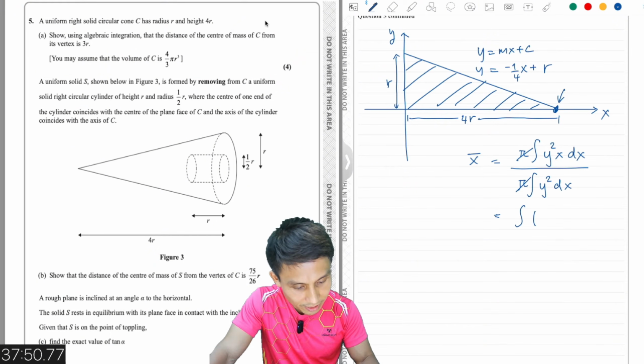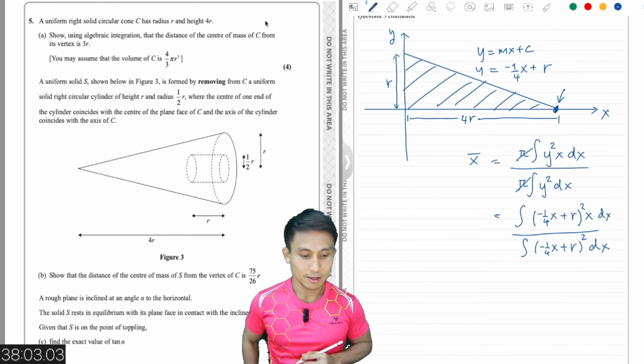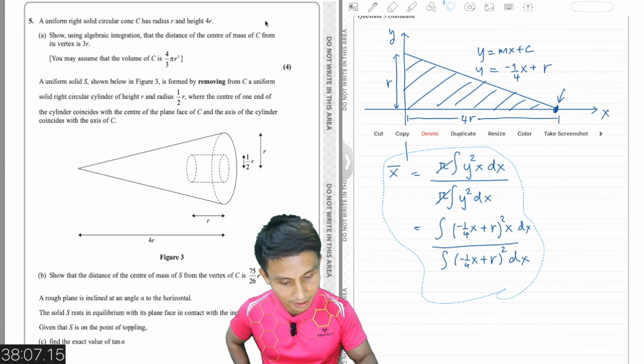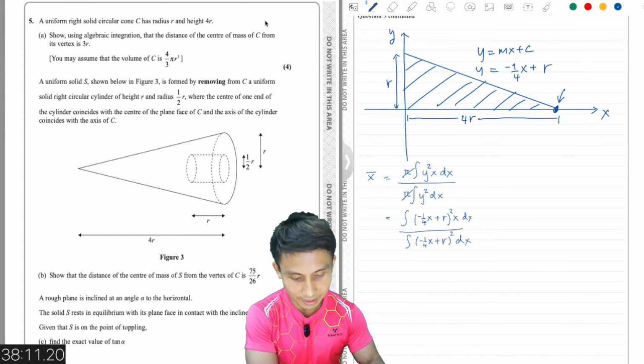So we're going to integrate that, (1 over 4 x plus r) squared times x dx, divided by the integral, the same thing here. Seems like the top part we need to do by parts maybe. Maybe by parts is better. Yeah, so I'm going to split there.